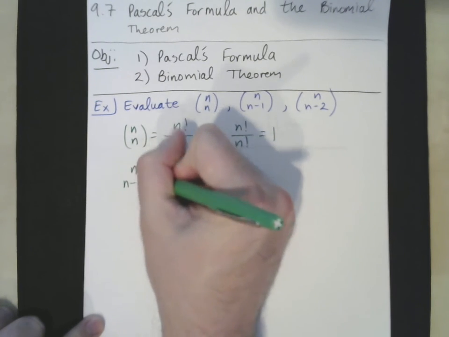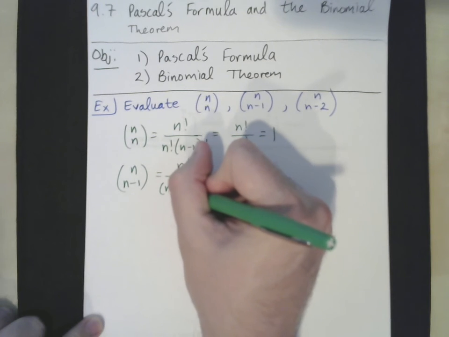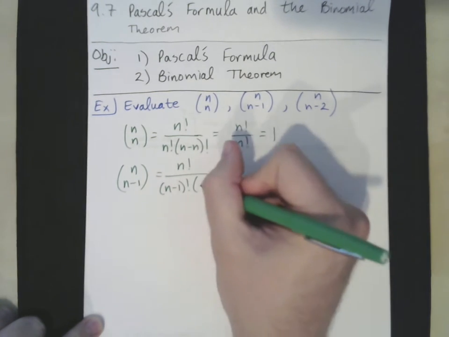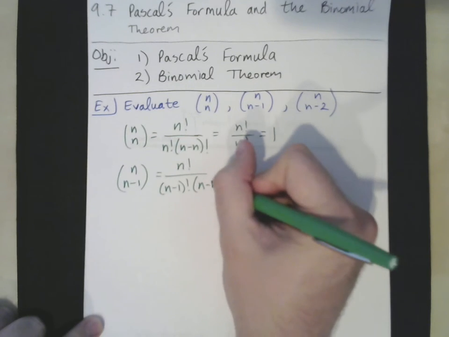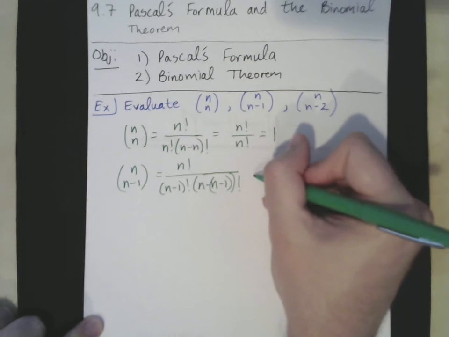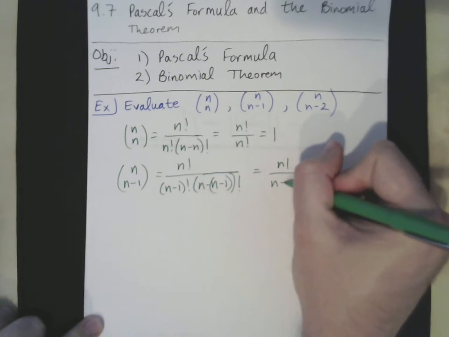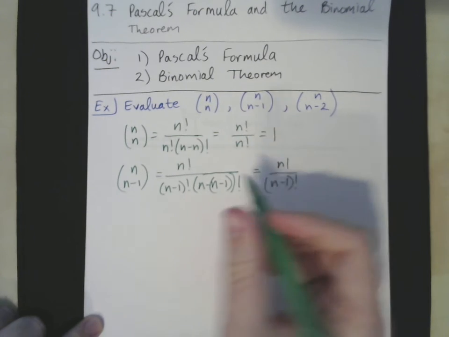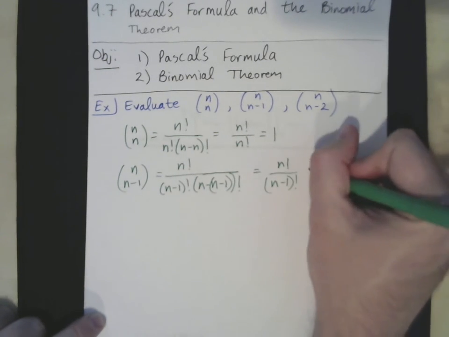n choose n minus 1 becomes n factorial over n minus 1 factorial times n minus (n minus 1) factorial. Well, this just becomes n factorial over n minus 1 factorial, because n minus n plus 1 is just going to be 1. 1 factorial is 1.